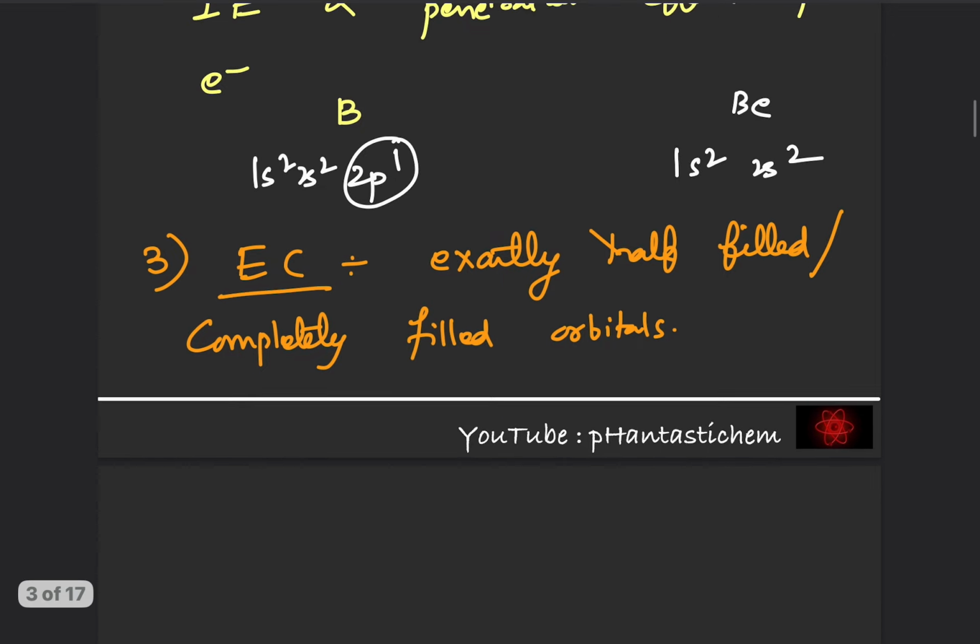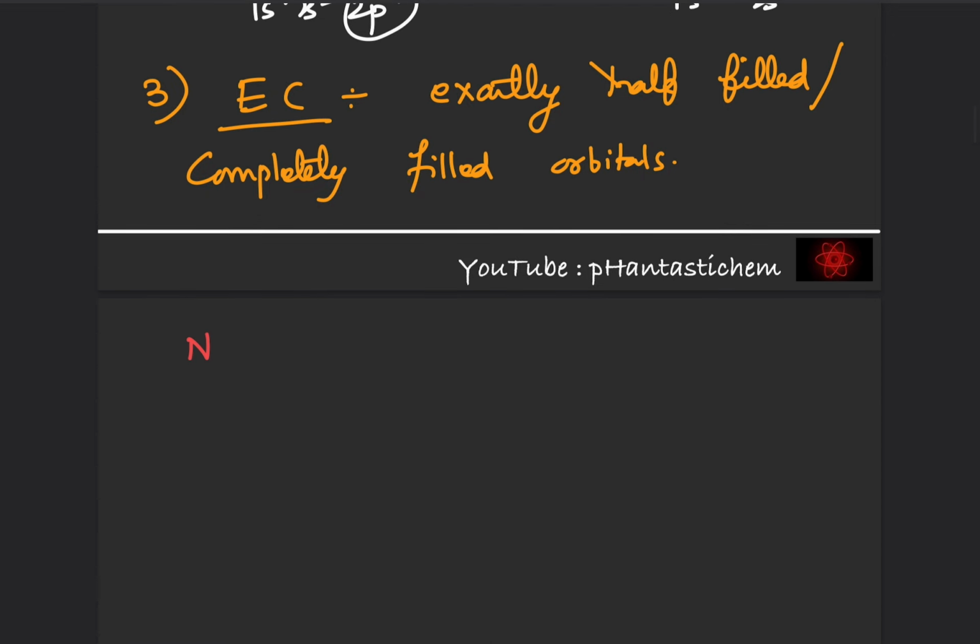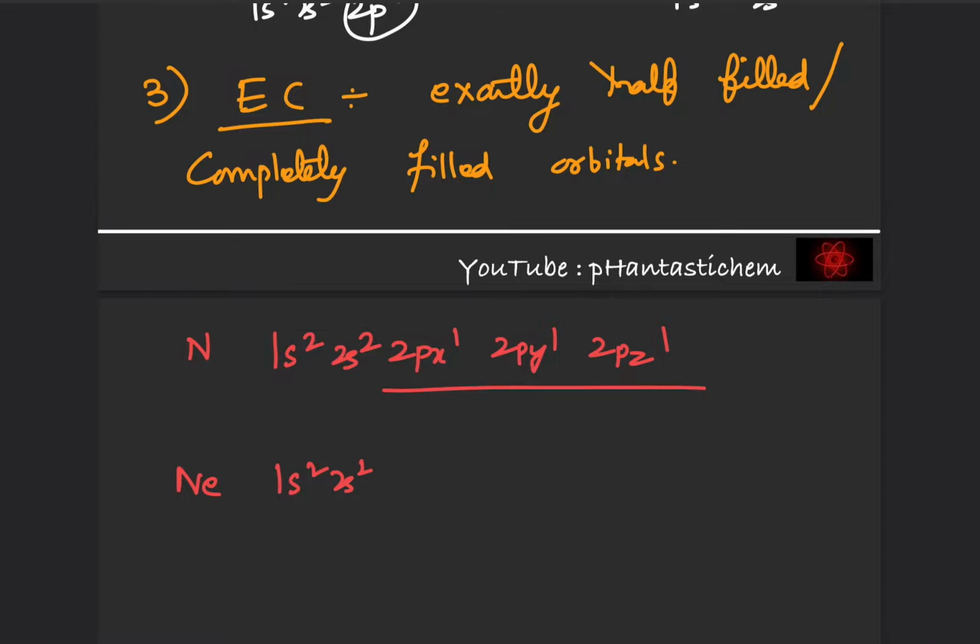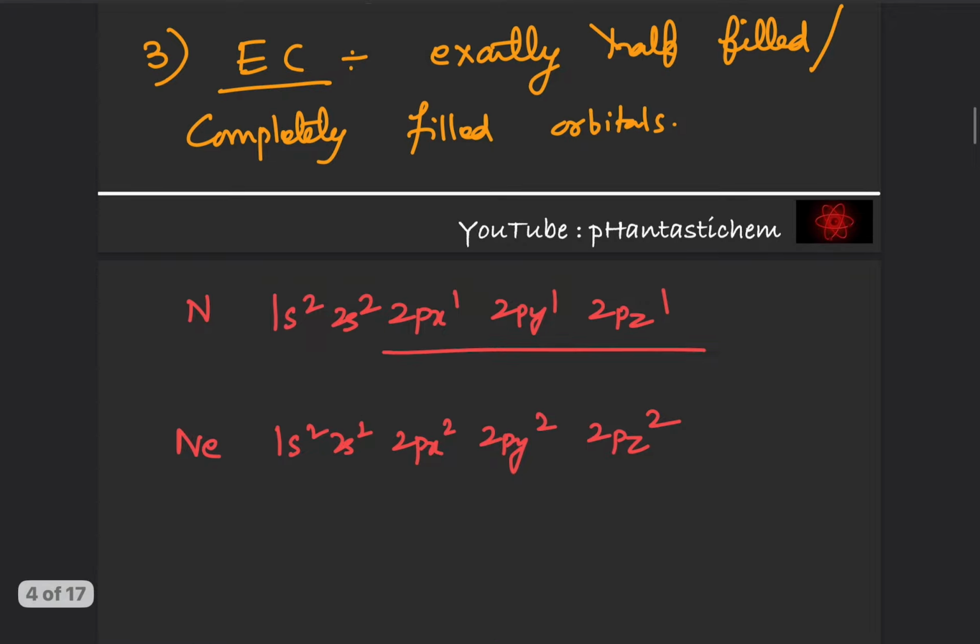A very good example is what is given in our question, that is nitrogen. Nitrogen's configuration is 1s2 2s2 2px1 2py1 and 2pz1, right? So it is exactly half filled. And neon is 1s2 2s2 2px2 2py2 2pz2, so it is a noble gas, right? Noble gases have the highest ionization energy in their respective periods.